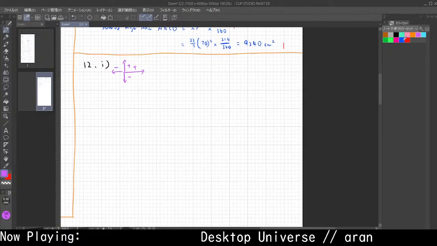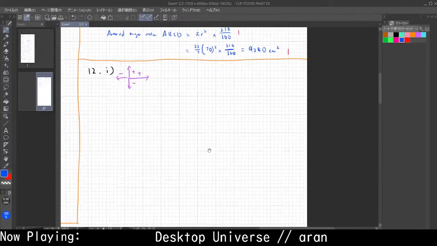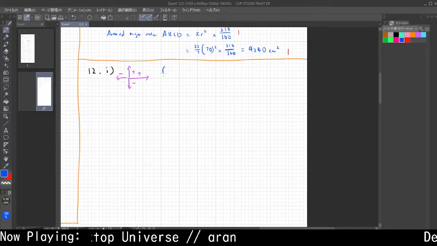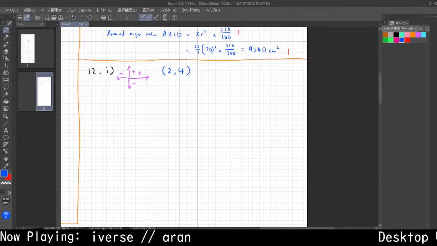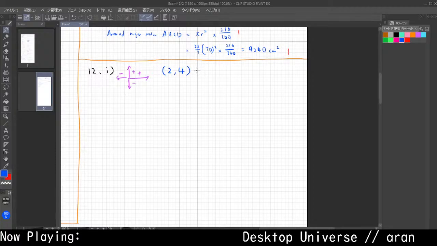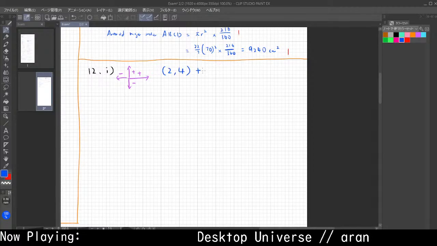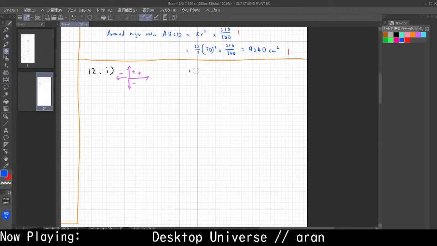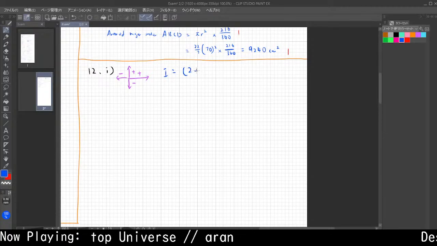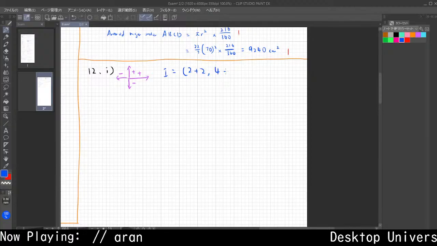So in this case, what you can actually do is take your original point, the object, your starting point, and add it with your translation. Your image is equal to (2 plus 2, and then your y will be 4 minus 3).